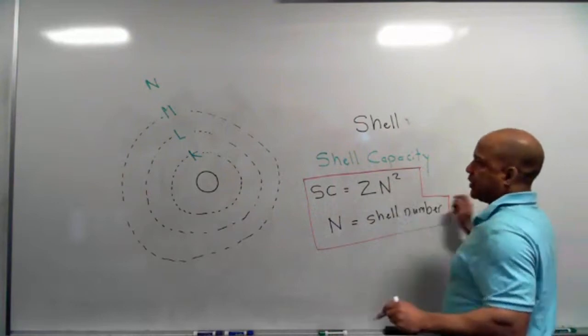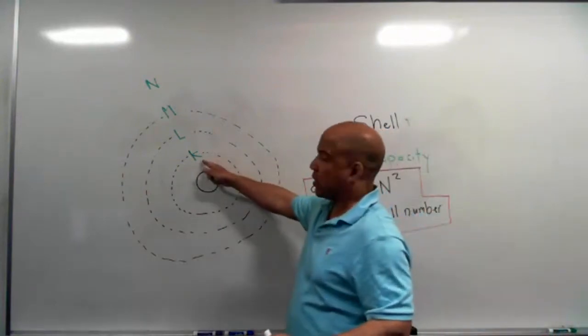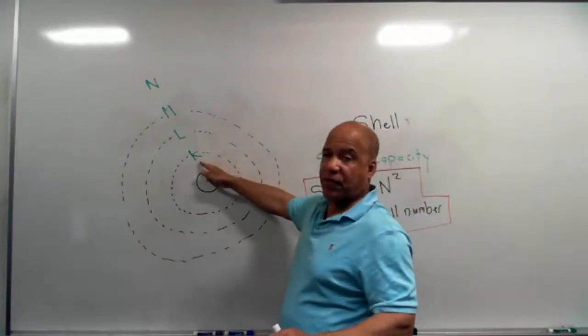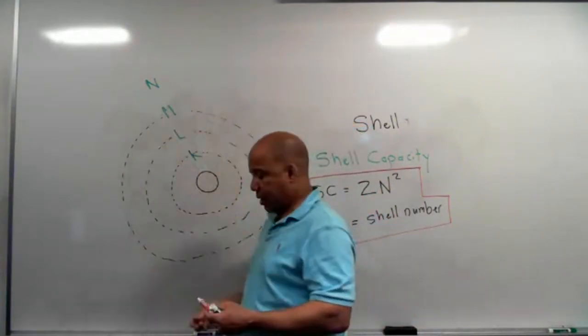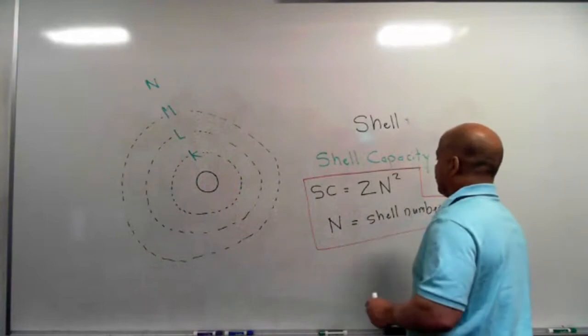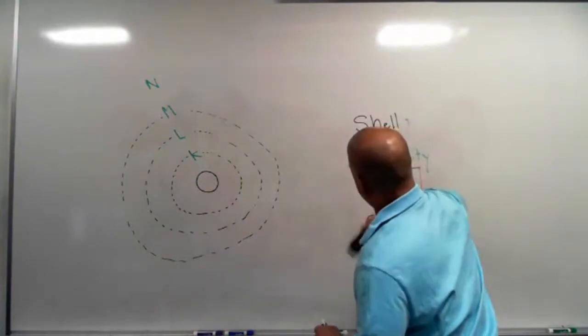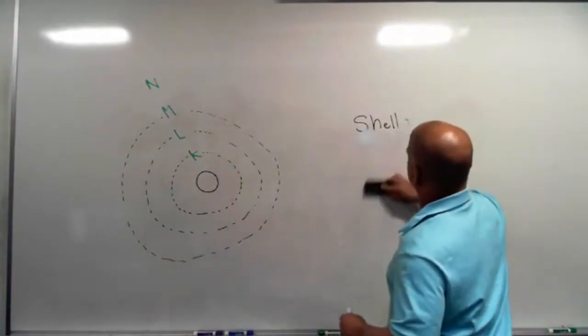Now the shell number, all we do is count these, starting from the one closest to the nucleus. K is the first one, and then we go 1, 2, 3, 4. So I like to make a little table, and then we'll use that equation to populate the table.